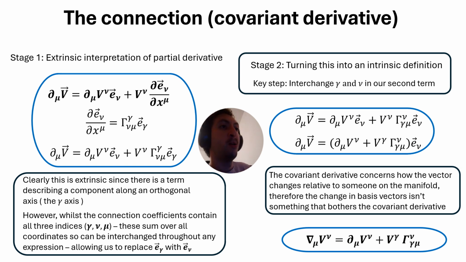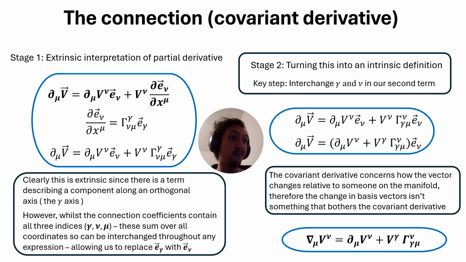And you can also say, well, okay, we picked to start off with a coordinate system where the basis vectors didn't change across flat space, but since the covariant derivative is a tensor, this is a tensor equation. If it works for a coordinate system where the basis vectors don't change across flat space, it will work for any coordinate system, including coordinate systems which have basis vectors that are changing on flat space. So, there's a few different ways to go about it.